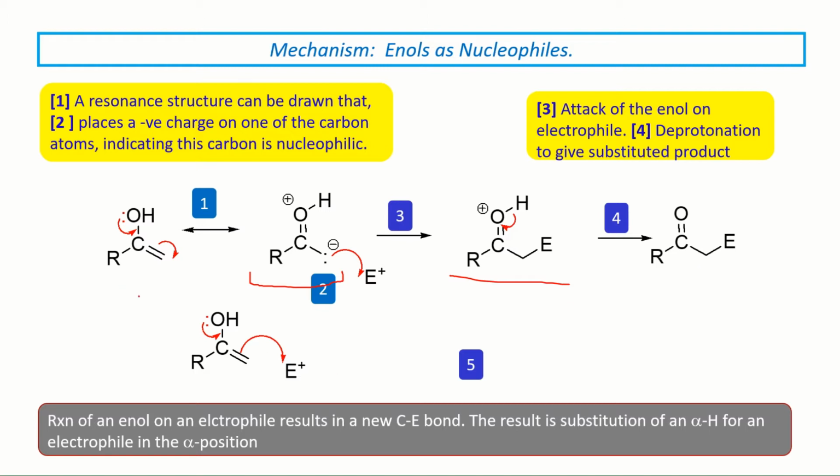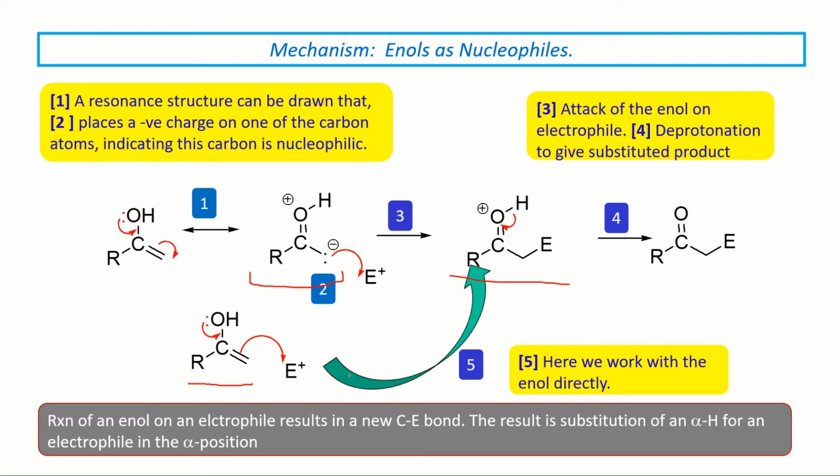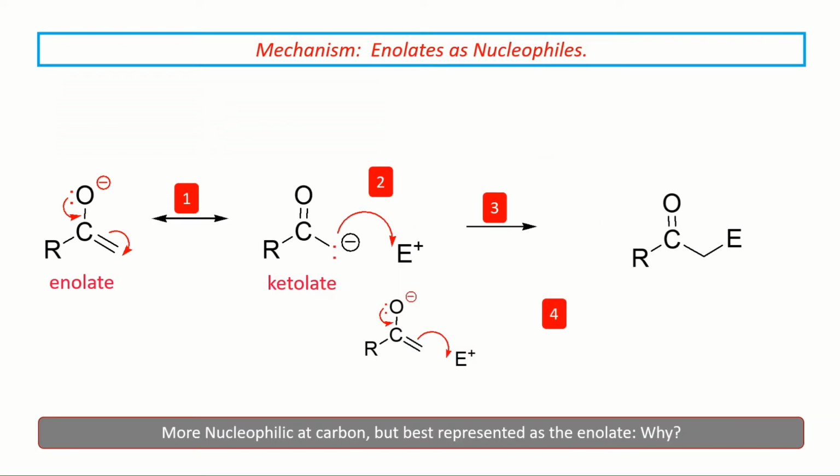We can also use this flavor of the enol to attack the electrophile directly. Herein we have the enolates. We've already shown you the deprotonation step, and so here we have this flavor showing the negative charge on the carbon attacking the electrophile to give us our product. We could also use this flavor as well.